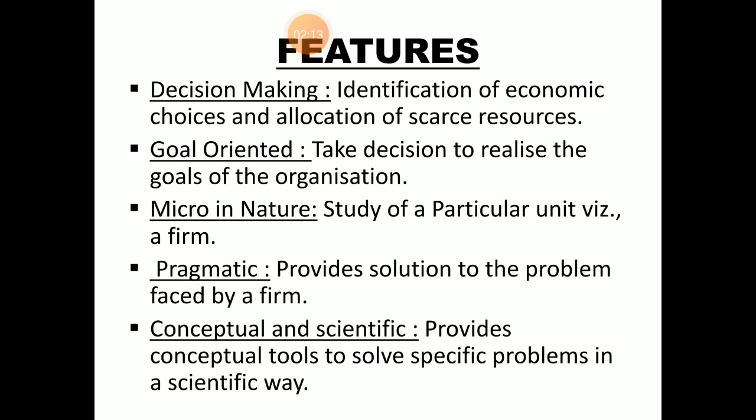Now let's look into the features of business economics. The nature of business economics essentially constitutes the features of business economics. The first one is decision making. Here, decision making is concerned with identification of economic choices and allocation of scarce resources.